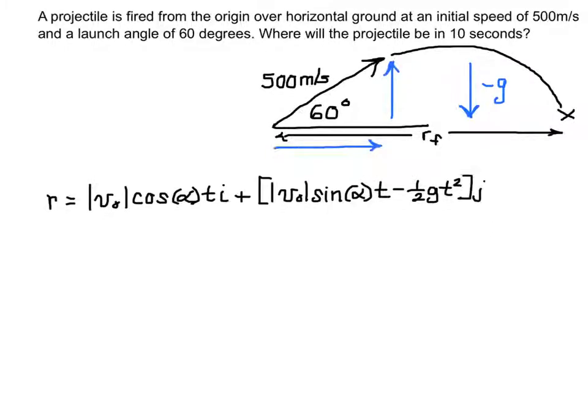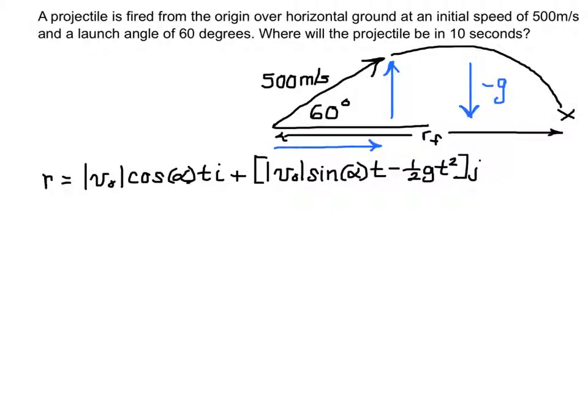So let's take that, we'll move that up. That's our equation for our location, our distance. So that means that r is equal to, well, the absolute value of our initial velocity is 500 meters per second, times the cosine of our angle, 60 degrees, times time. Well, time is 10 seconds, and that's in the I direction, plus, then we have, again, v naught.